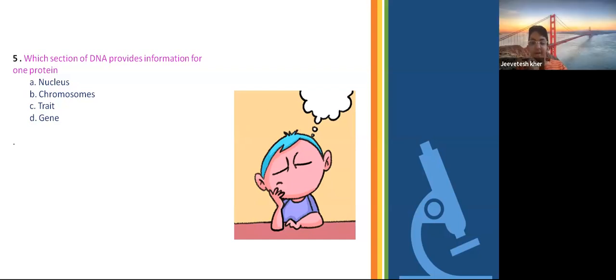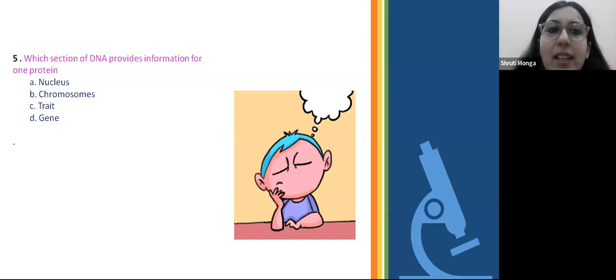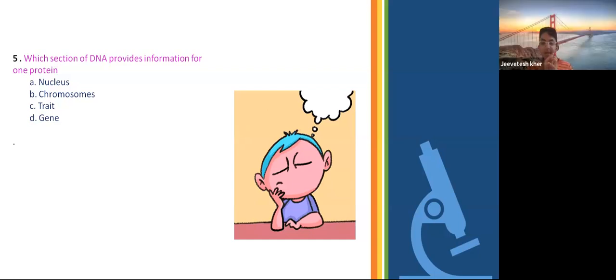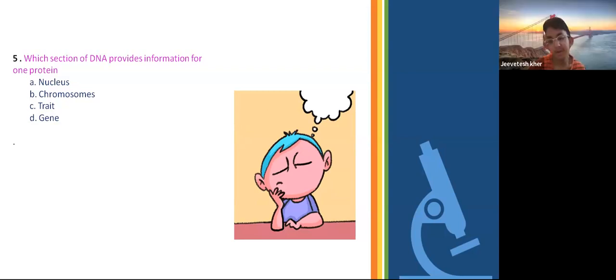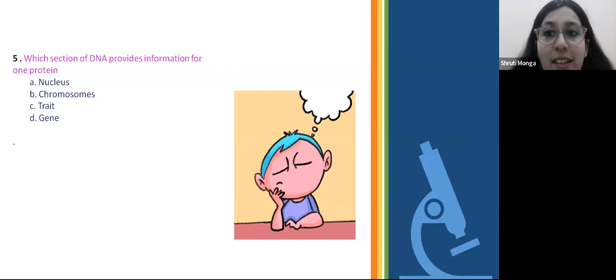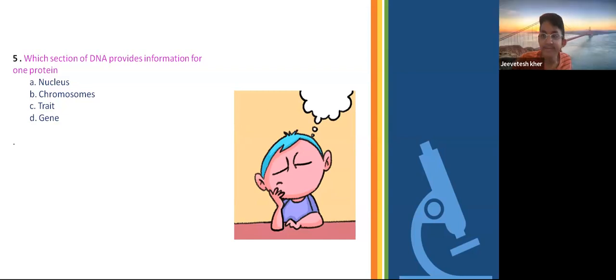Okay, sorry, the A has also come. Yes, come on, tell me. Which section of DNA provides information for protein? Now I have done the answer correction. Okay, let everybody reply. Let everybody reply, then we'll see.